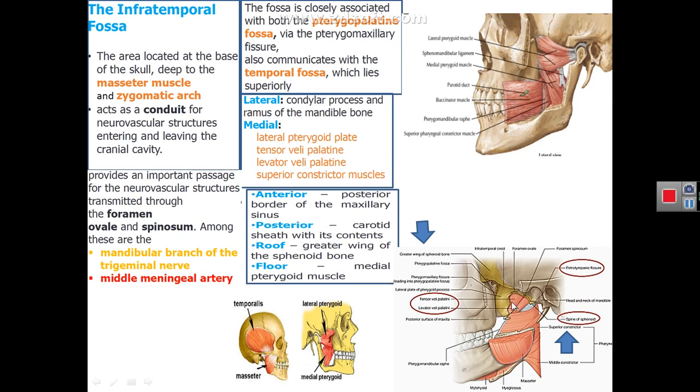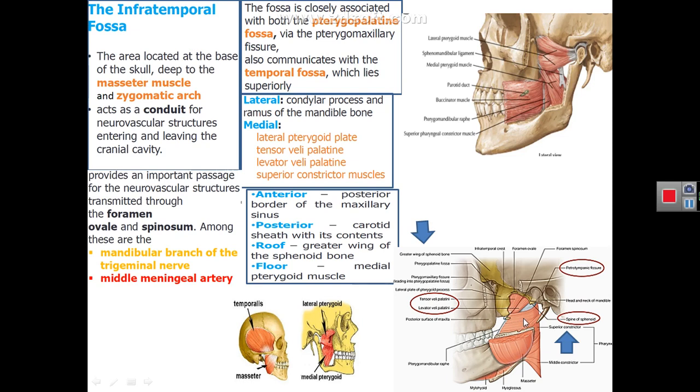These are two muscles behind the lateral pterygoid plates representing the medial boundary. So the medial boundary includes lateral pterygoid plate, tensor veli palatini, levator veli palatini, and the upper constrictor of the pharynx, a muscle in the pharynx which is called superior constrictor muscle.